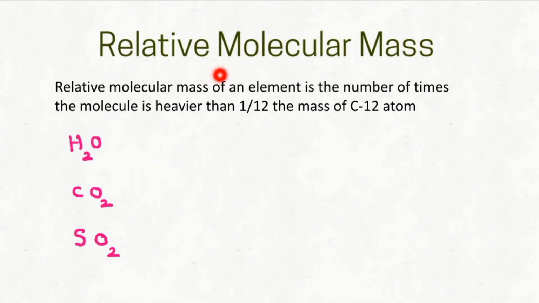Before learning the concept of relative molecular mass, we are going to calculate the molecular mass of these compounds. So how to express the molecular mass of water in AMU? If you know the atomic mass of the elements, you can add that, right? What is the atomic mass of hydrogen? That is 1 AMU, or simply we will write it as 1 unit also.